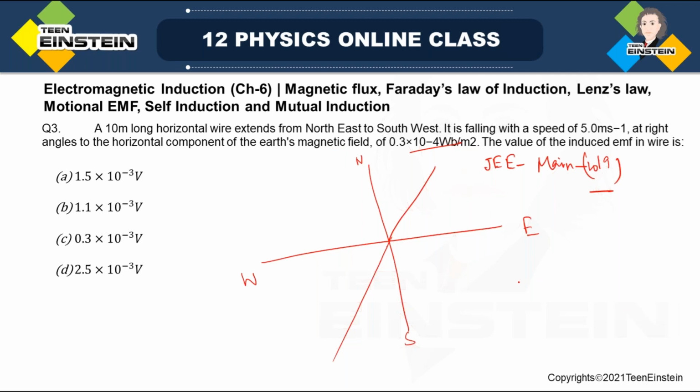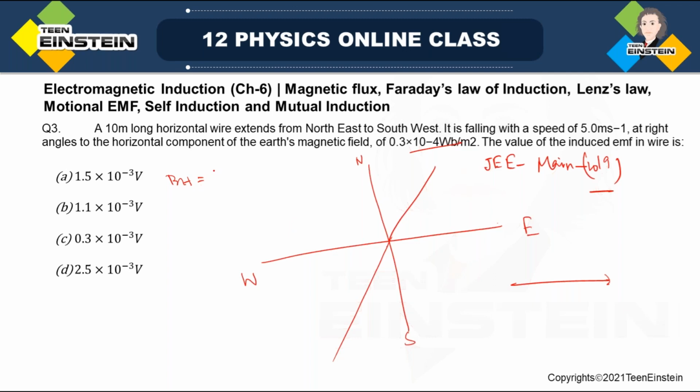The horizontal component of Earth's magnetic field is given, BH is equal to 0.3 into 10 to the power minus 4 Weber per meter square.